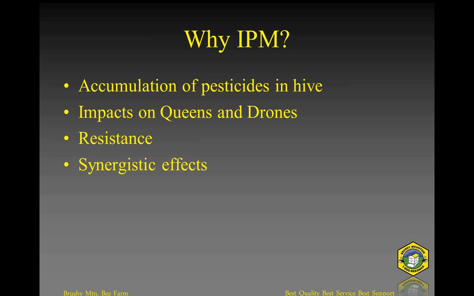There's also developed resistance now. There's well-documented resistance to Apistan, which the active ingredient's fluvalinate, and resistance to Checkmite as well, which has coumaphos as the active ingredient. Apivar, which has amitraz, is relatively new on the market, but amitraz has been used extensively for numerous years by people mixing up their own.